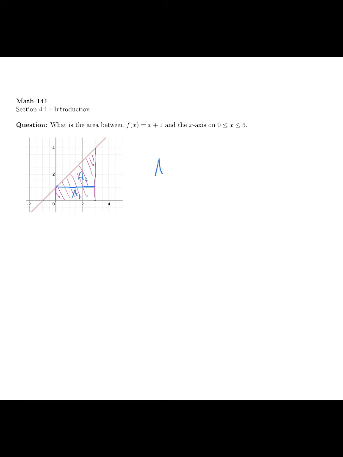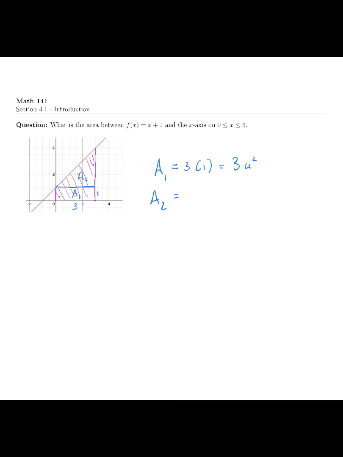So area 1 is the area of a rectangle. It is 1 unit high, and it is from 0 to 3 units wide, so its area is 3 square units, whatever our units are. And area 2 would be the area of a triangle. It's also 3 units wide, we can see that here.